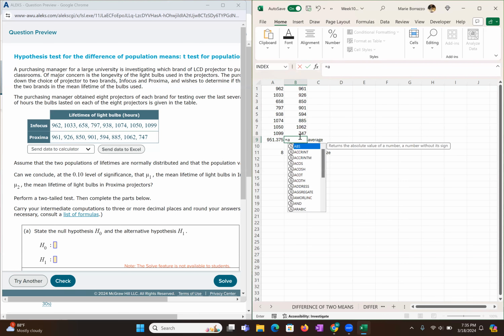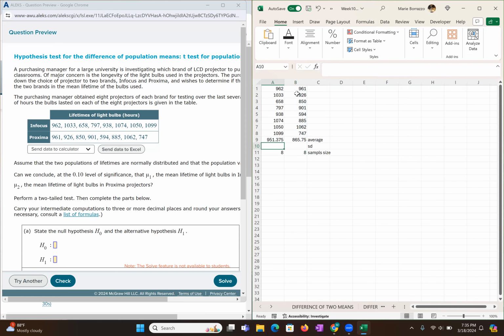So equals average, double click, hold the numbers, and there you go. Standard deviation, STD, always equals first, STD. And I want .S, just the numbers, hold and drag. And if you want to cheat the system, just pull it over, it's the same thing. And so there are the averages, there are the means, and so on.